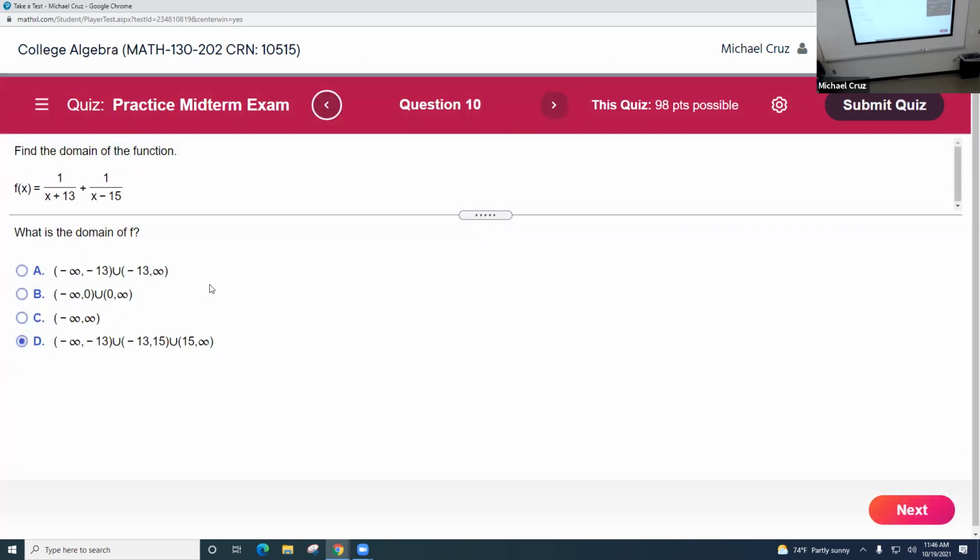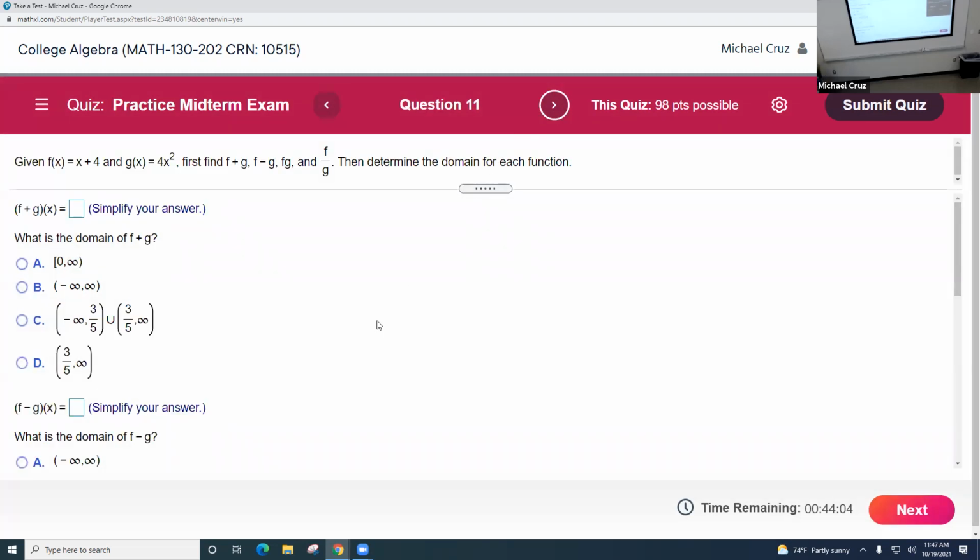But see, this one right here is talking about exactly what you mentioned, Lance. It's talking about just the negative 13. They don't have the one for just the 15, but that's the one for both of them. All right, so we've got to add these two together.